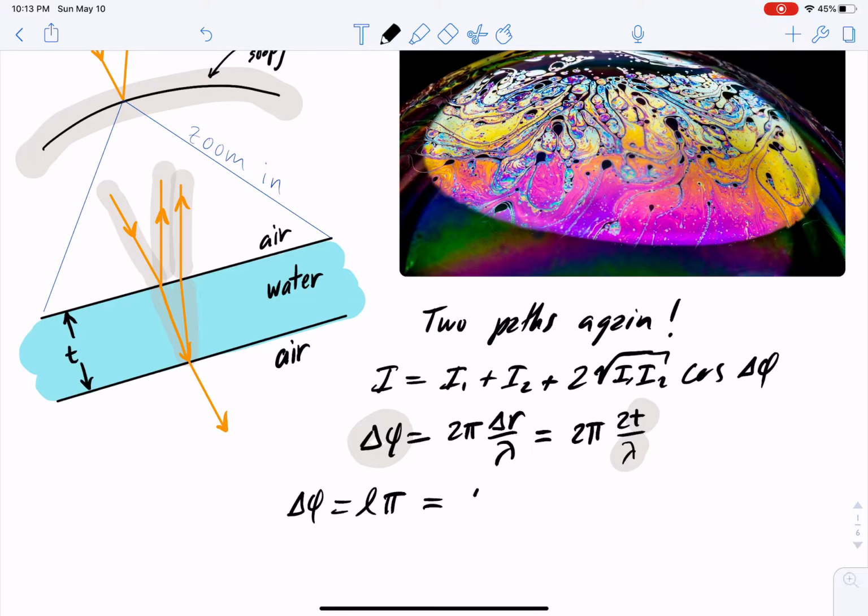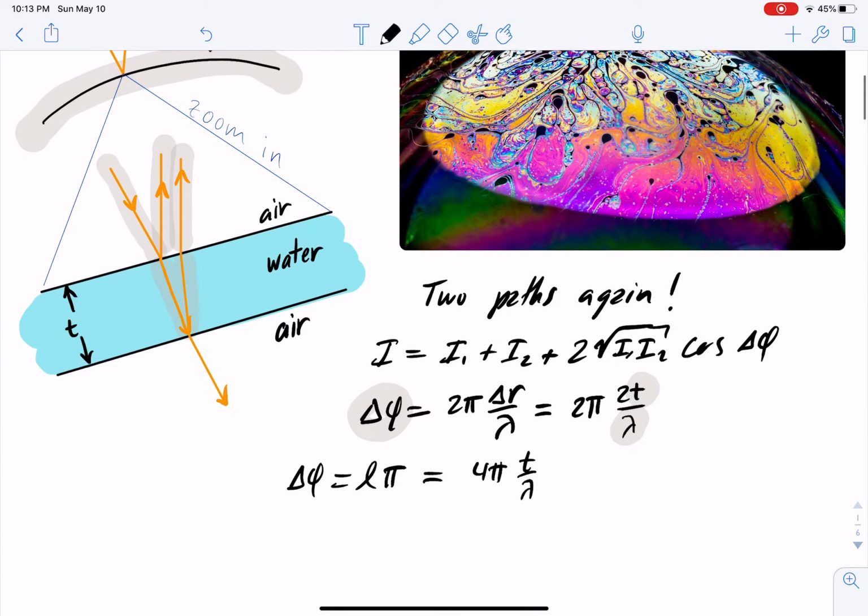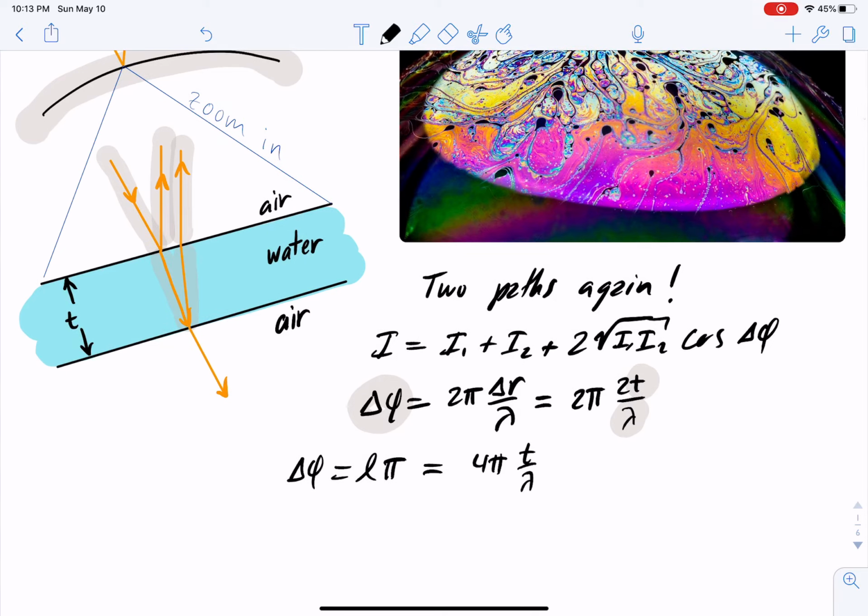So this would be like this, which we can solve various ways, but let's write it as t is L times lambda over 4. Okay, so when the thickness happens to be a multiple of a quarter of the wavelength, then we get minimums and maximums.